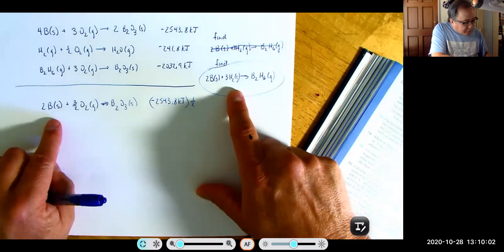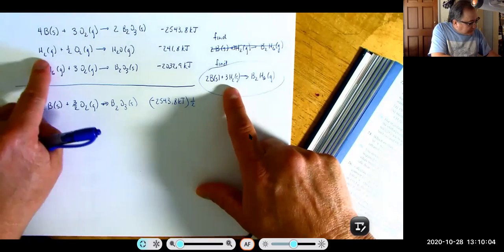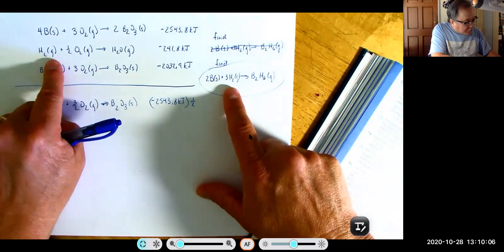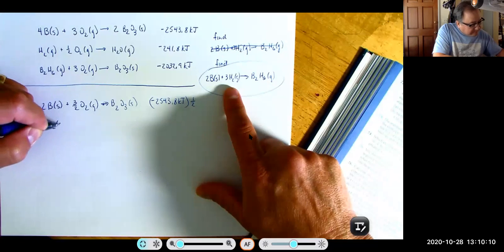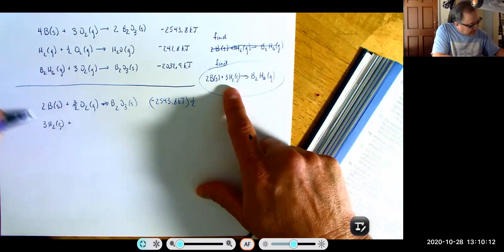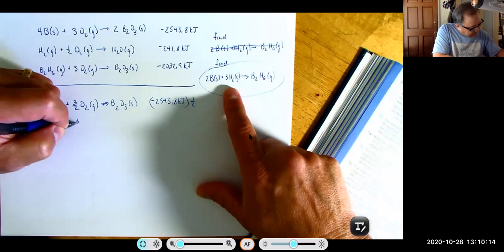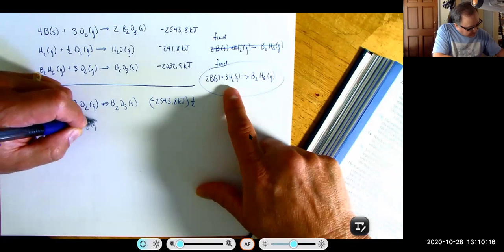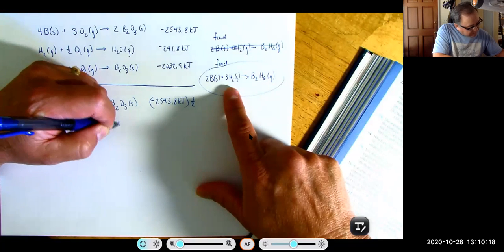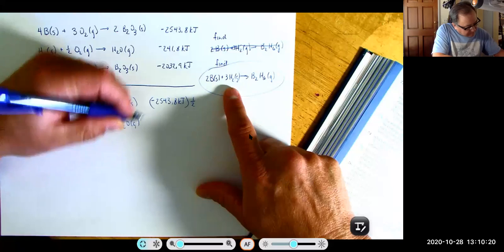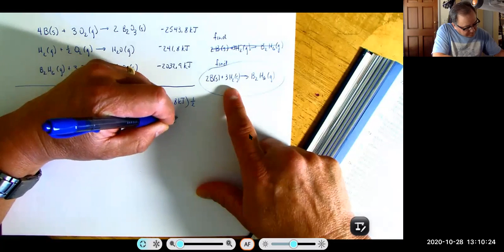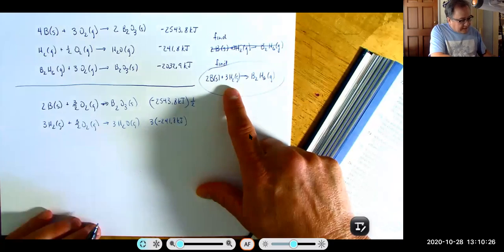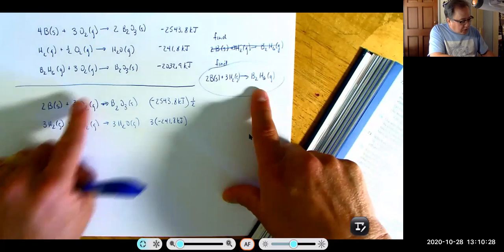Here we need 3 H2s. So I'm going to take that equation and triple it. And here we need 1 B2H6.